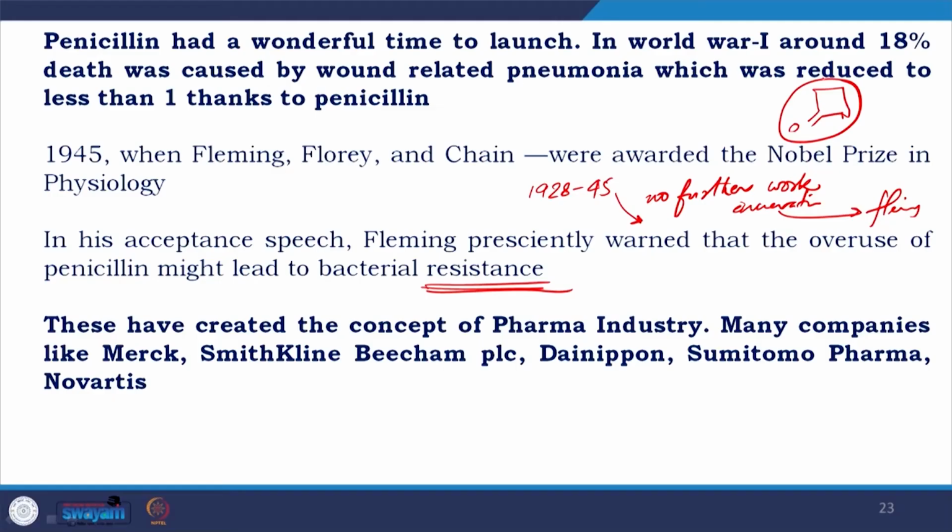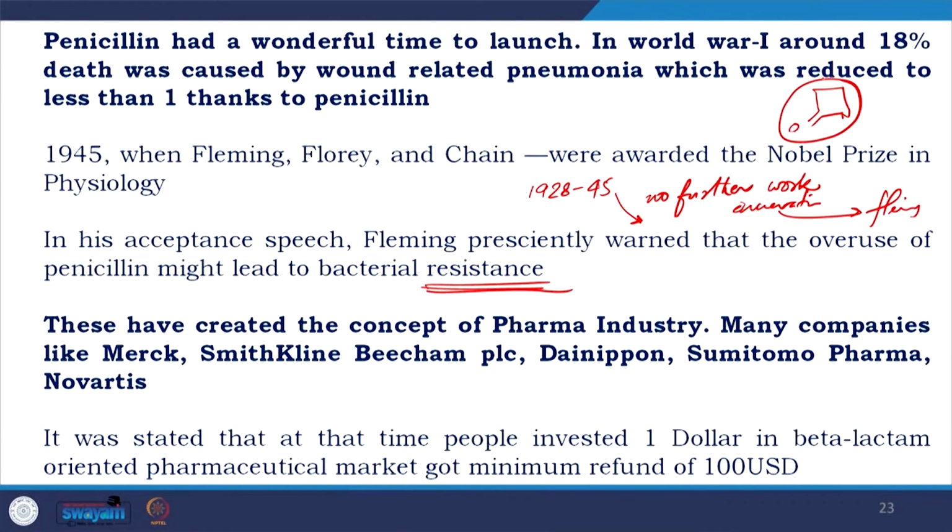They utilized that craze in terms of money. A lot of companies which you have probably all heard about, Merck, SmithKline Beecham, Dainippon, Sumitomo Pharma, Novartis, all of them started with a derivative of penicillin. So, you see all the famous companies, you go back, you see that they started with a patent of a beta lactam.